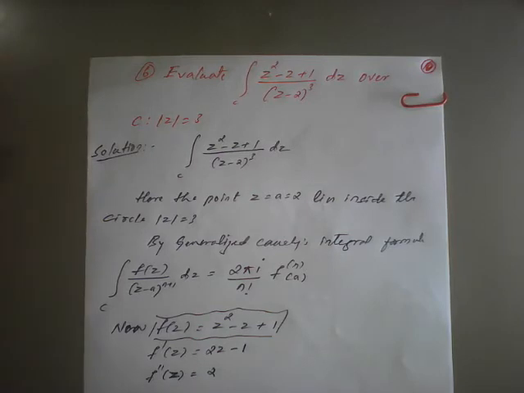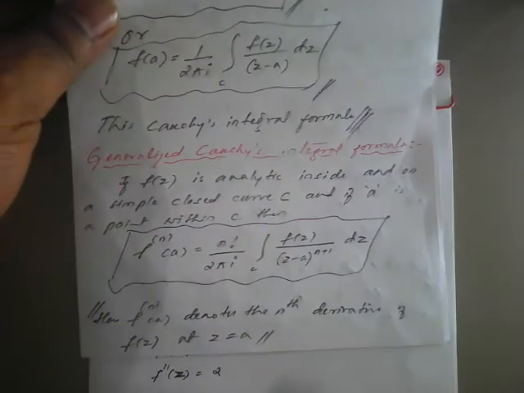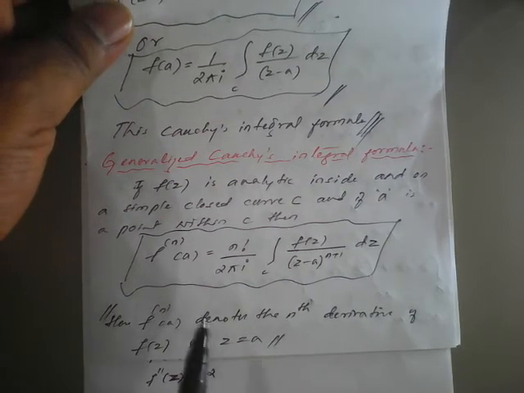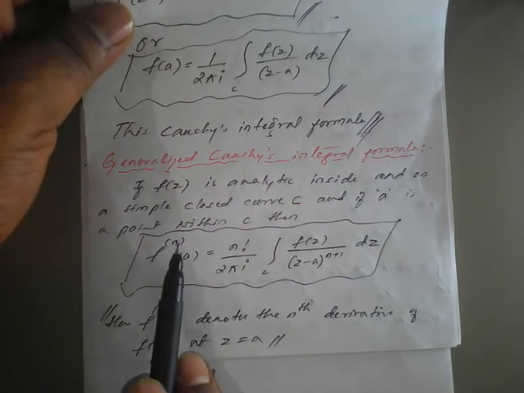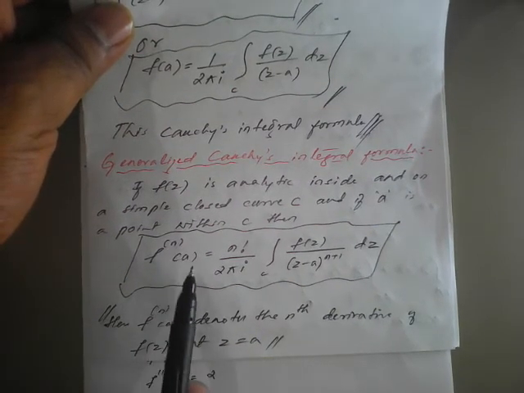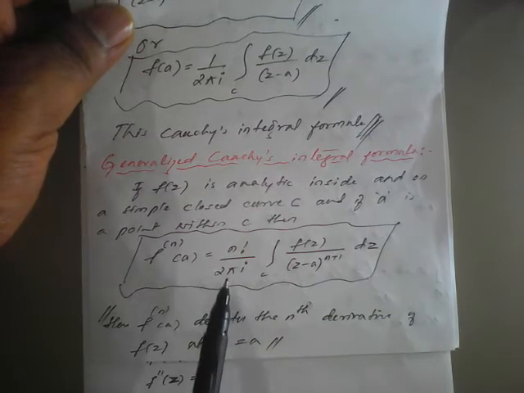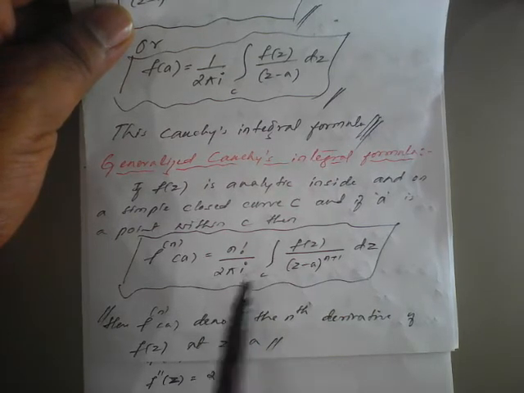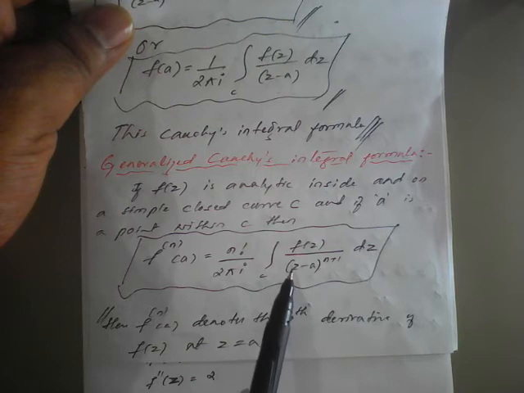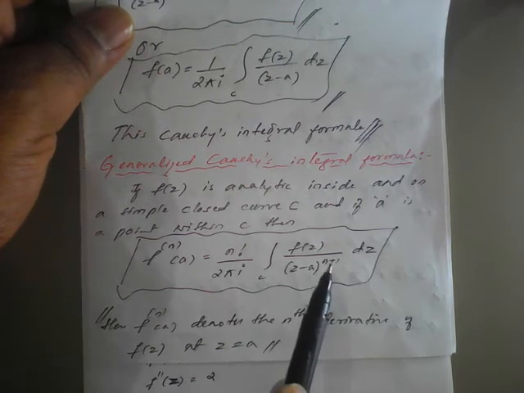To remember, in the previous class I had given the generalized Cauchy's integral formula, that is f raised to n of a is equal to n factorial divided by 2 pi i, integration of f of z divided by z minus a raised to n plus 1.